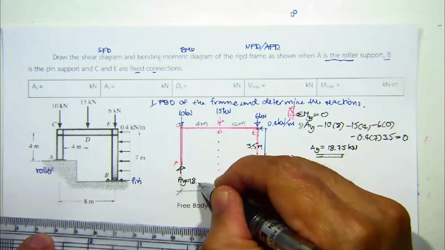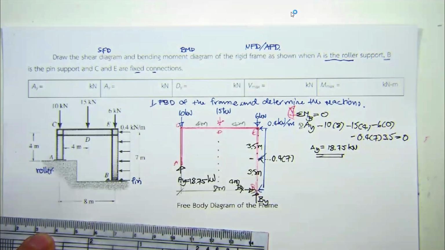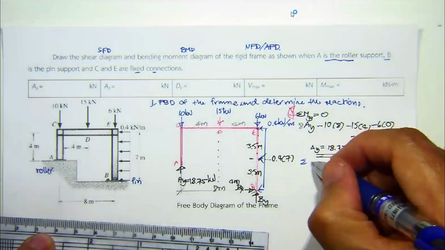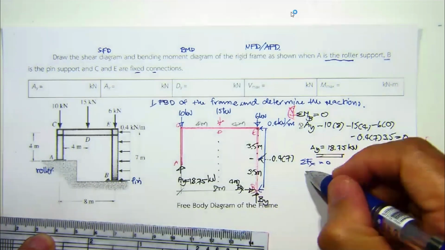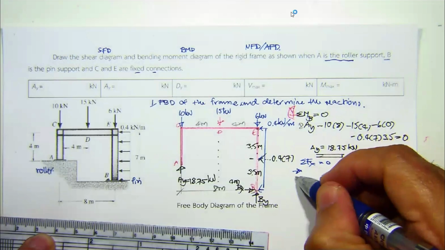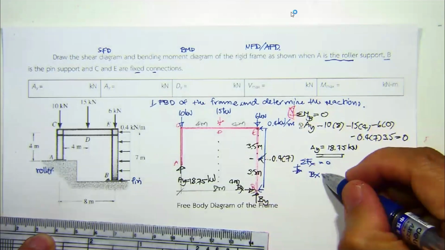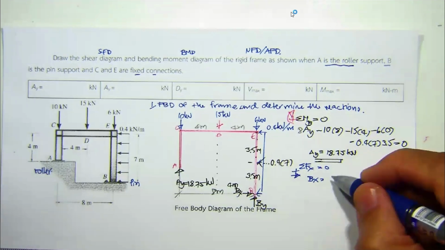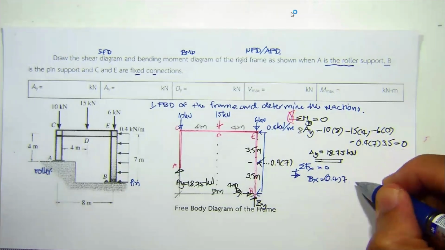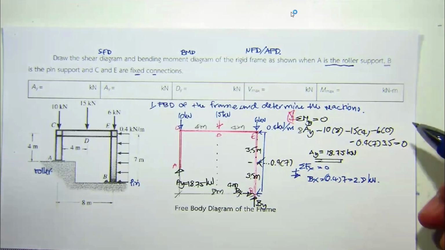Put 18.75 kilonewton. Then summation of forces in x equal to 0, we will determine B sub x. Our B sub x equals the lateral load, which is 0.4 times 7, that's 2.8 kilonewton.